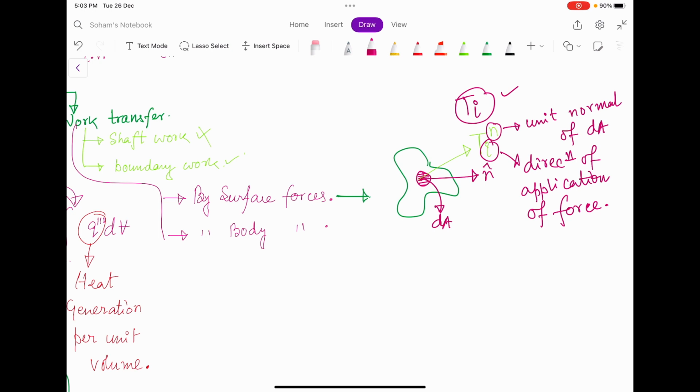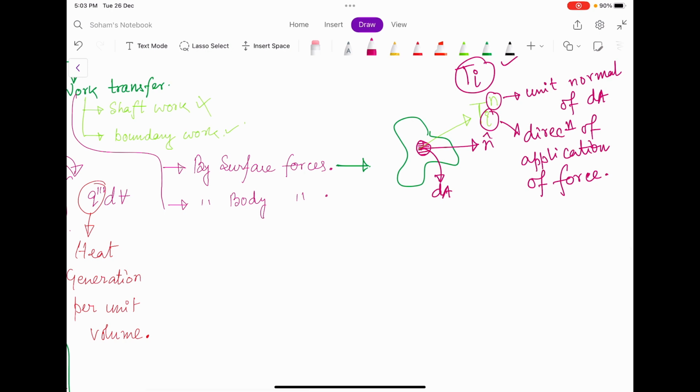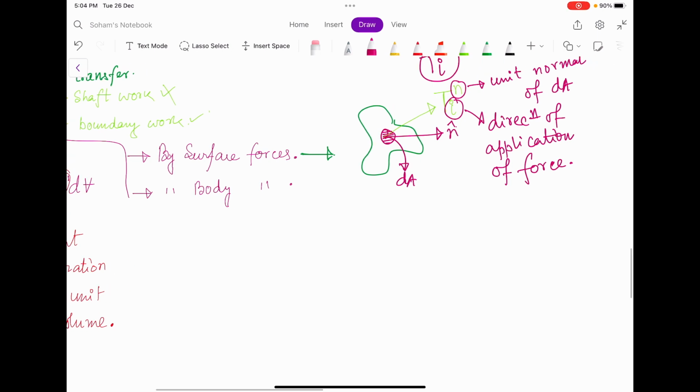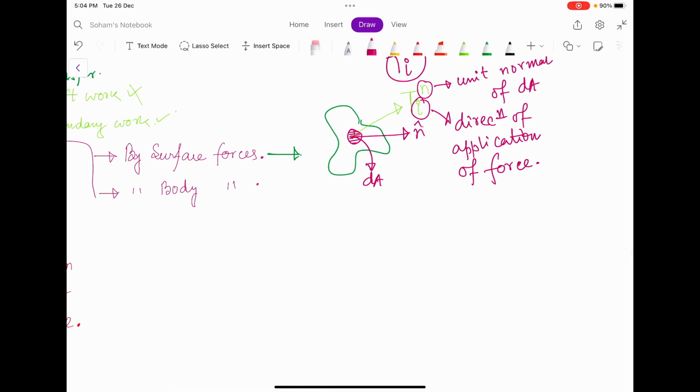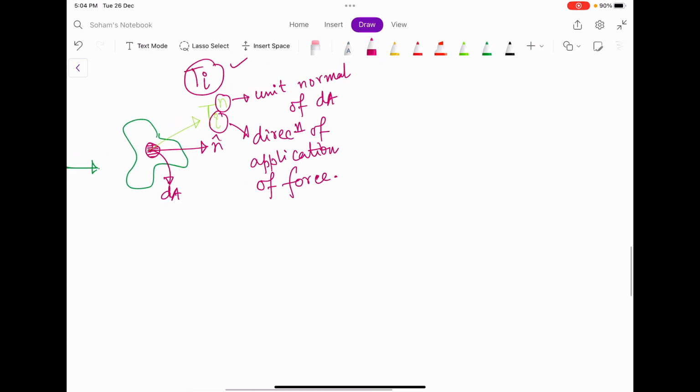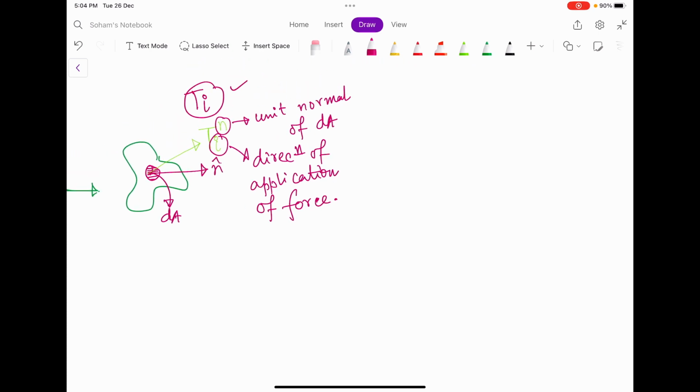Now there is something called Cauchy's theorem. So before Cauchy's theorem, I have to familiarize you with something called stress tensor.